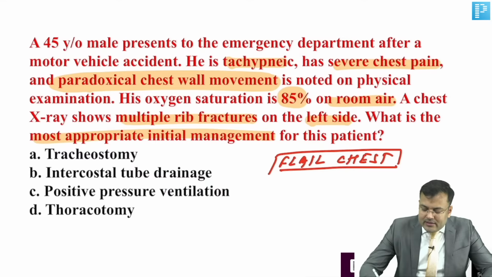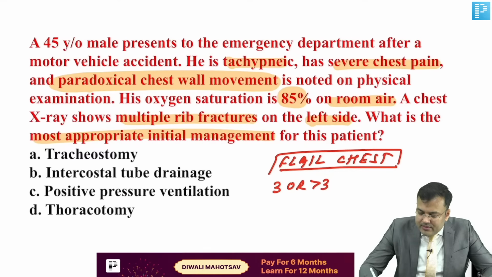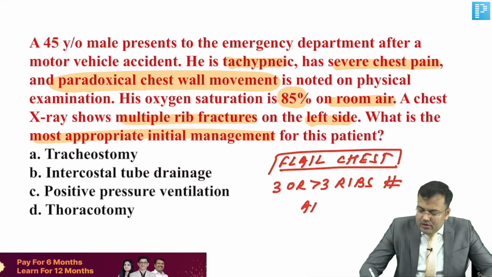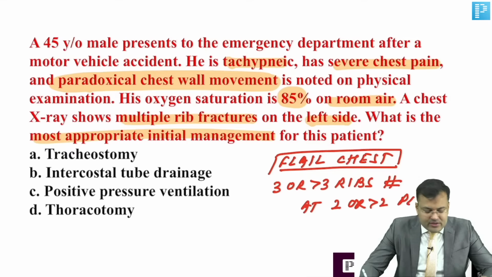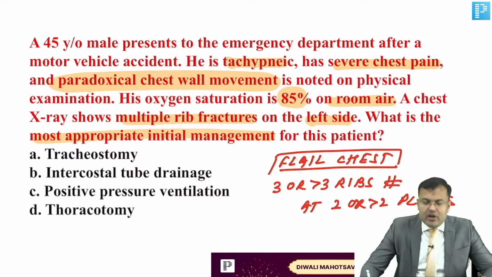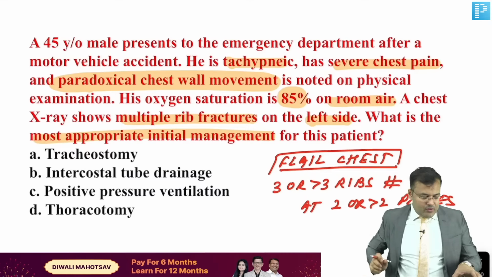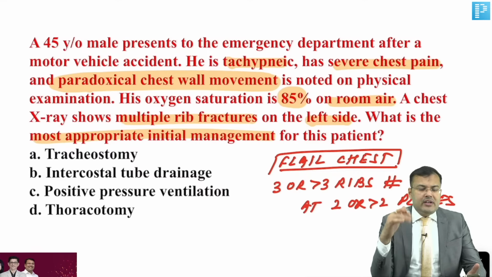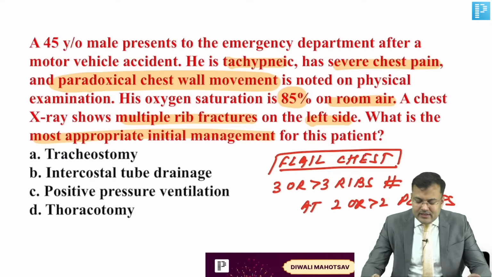Remember, it's the new definition: 3 or more than 3 contiguous ribs, fractured at 2 or more than 2 places. This is the new definition.